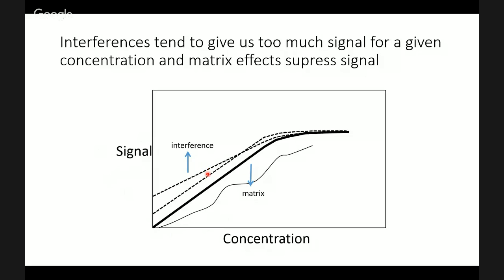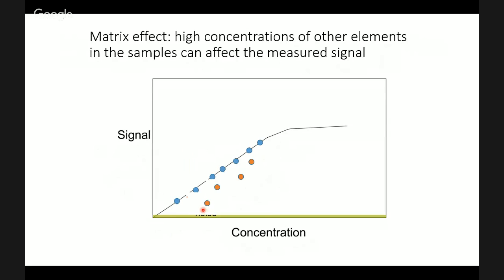And if we have matrix problems, so this is basically lots of other stuff that's in our sample, that's inhibiting ionization or slowing sample uptake, that tends to reduce this curve, and quite unpredictably. Now, this is this effect here.